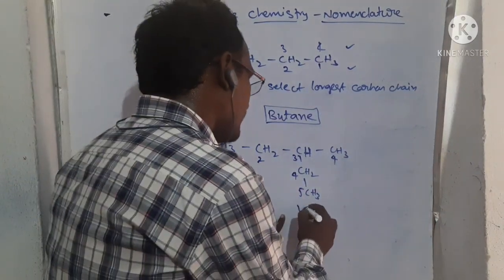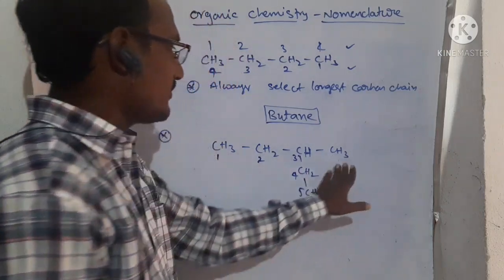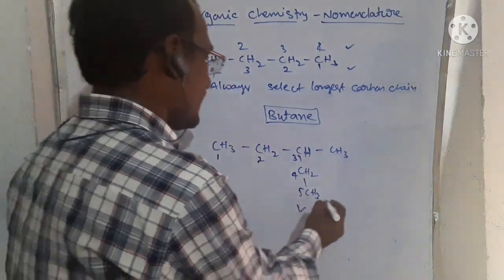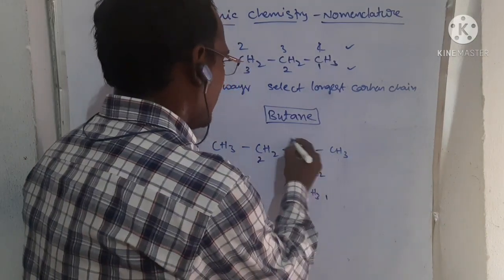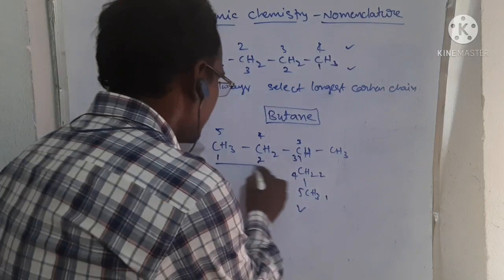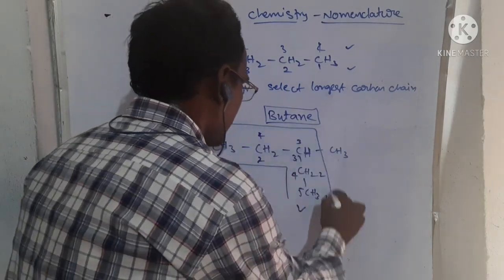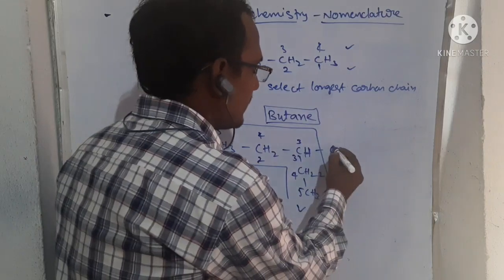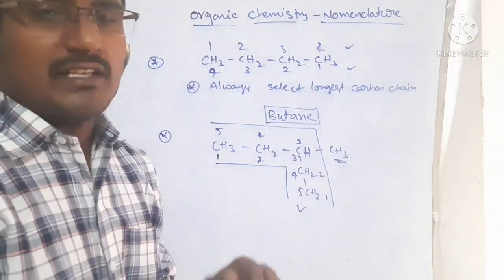So always you should prefer this. This one is not there. So this is the right way or this is the right way. So see here, 1, 2, 3, 4, 5. In this way also, the third position is having the substituent. Substituent means the extra one.